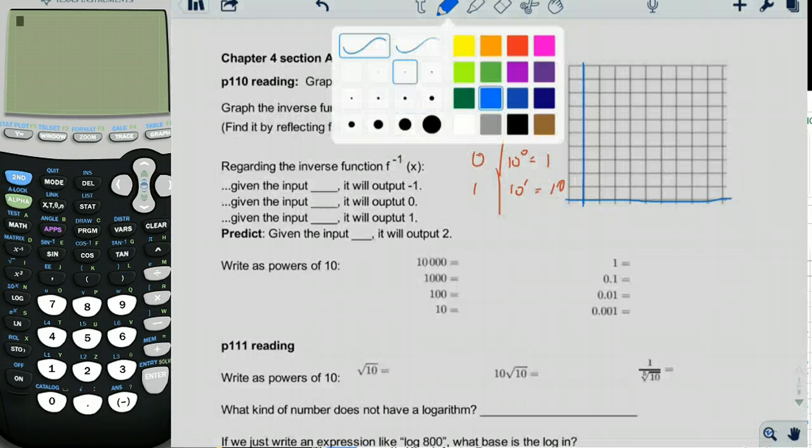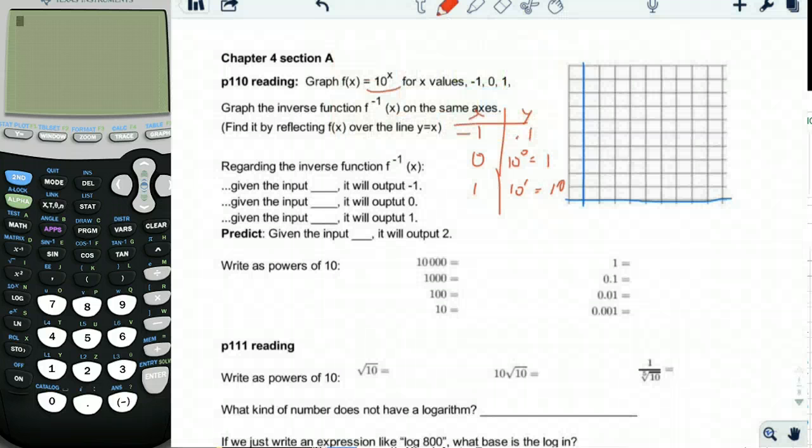And then I'm going to graph here. Okay, so negative 1 comma 0.1, so that would be about here. 0 comma 1, that would be here. And 1 comma 10, that would be here. 1, 2, 3, 4, 5, 6, 7, 8, 9, 10. Okay. All right. Very steep curve.